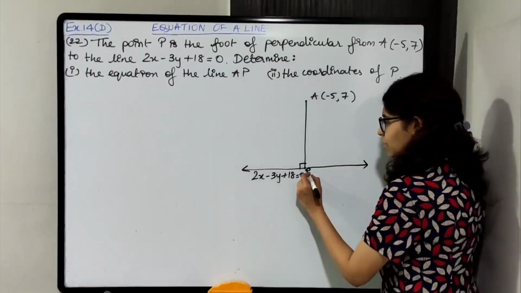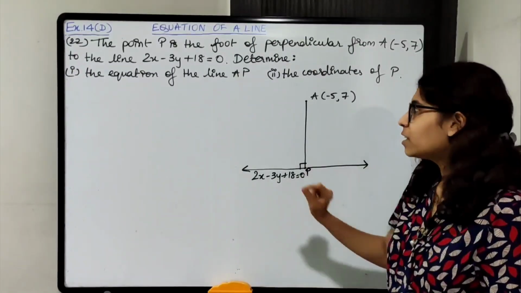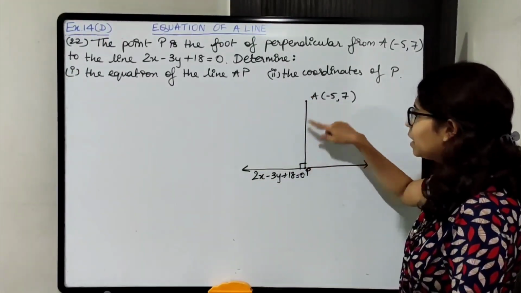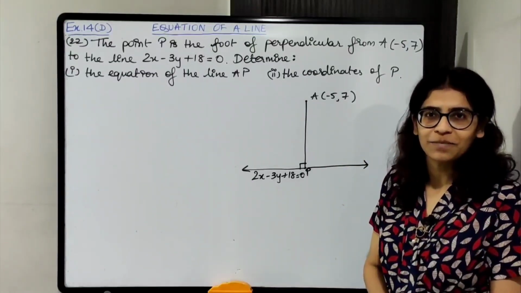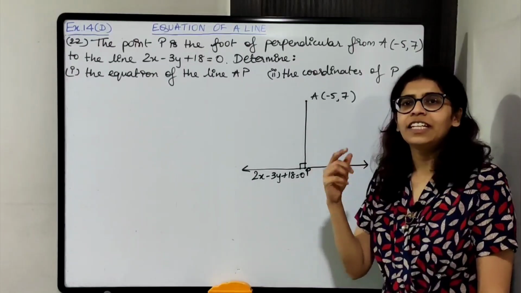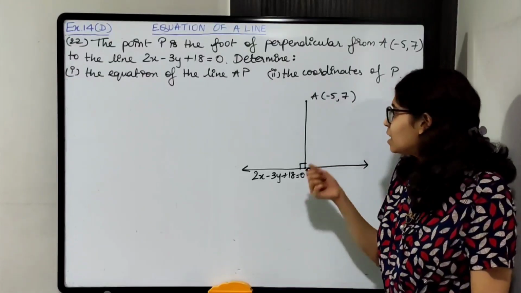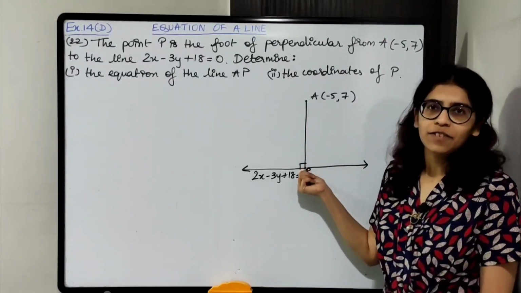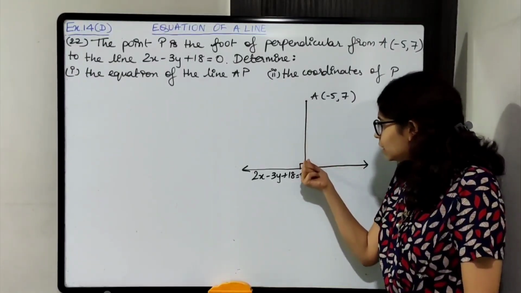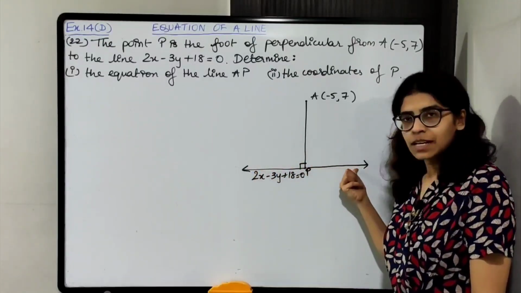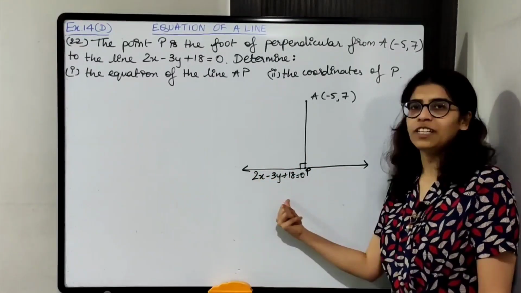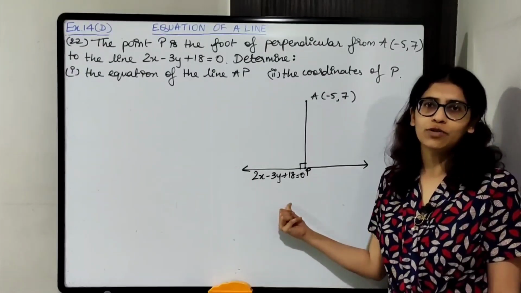All right, now we have to find the equation of the line AP. For the equation we need the slope. The slope of AP we can easily find out because AP is perpendicular to this line, and this line's slope we can easily find from the equation.